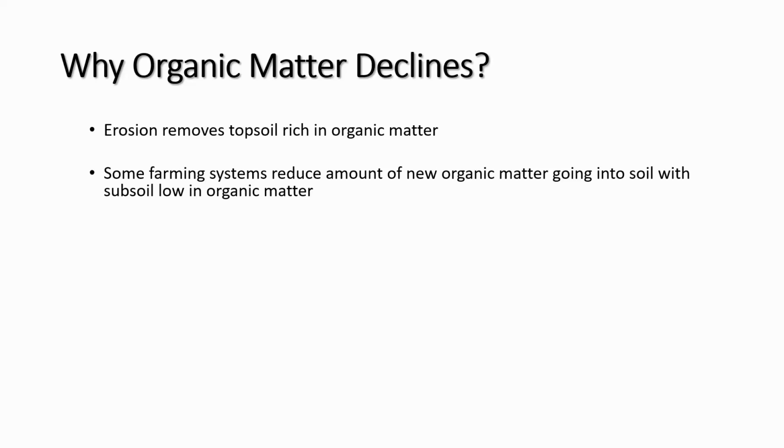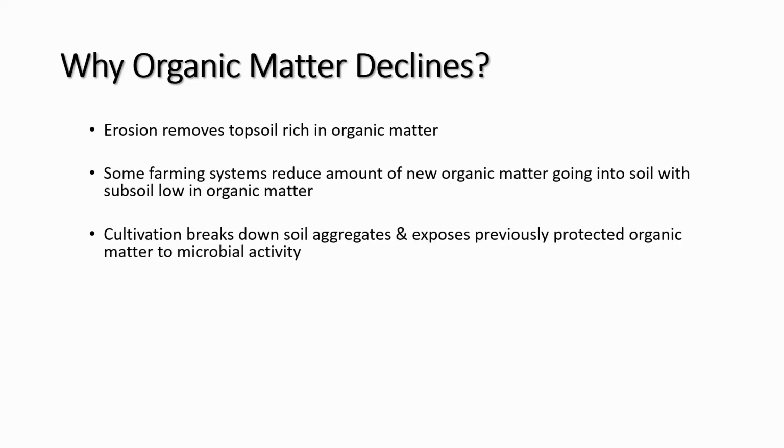Subsoil has low organic carbon while the topsoil has more carbon. The topsoil goes away with the water, with the irrigation, with erosion, but the bottom soil doesn't have much carbon. Cultivation breaks down soil aggregates and exposes previously protected organic matter to microbial activity.